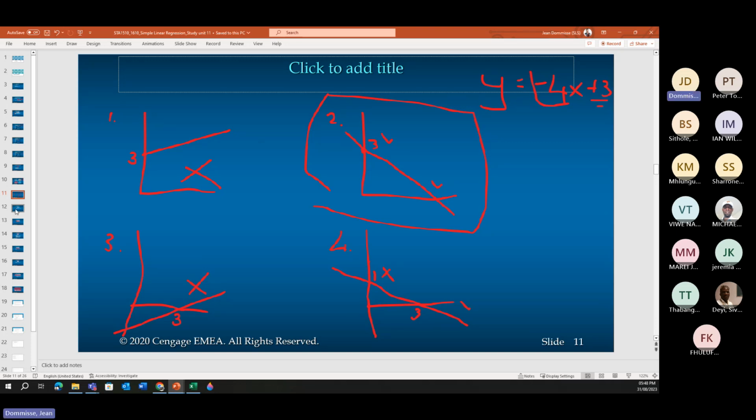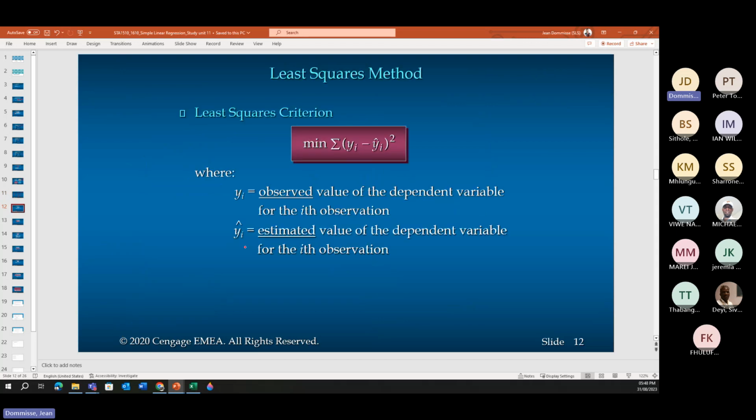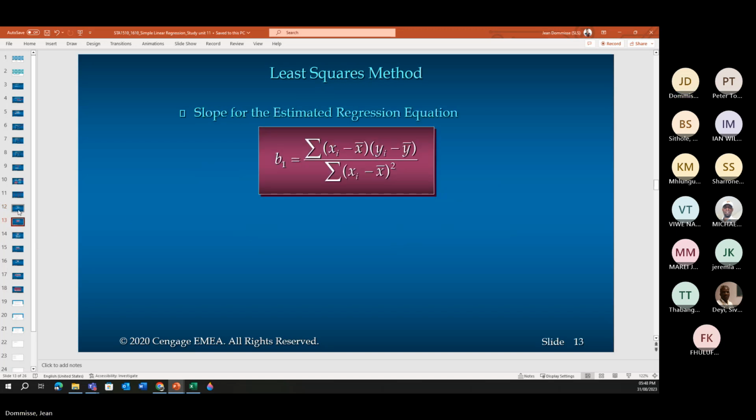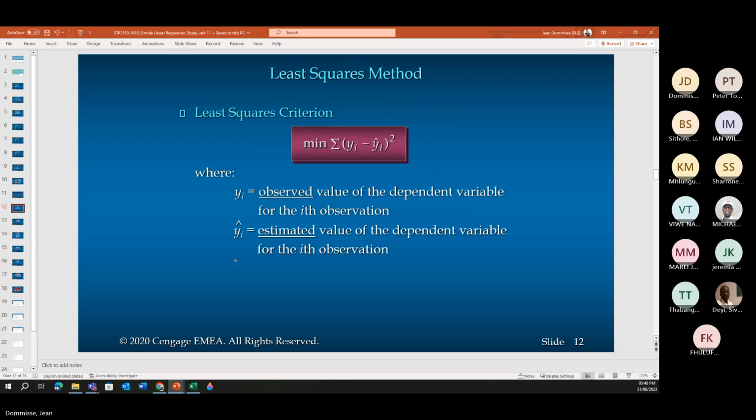Okay, so then the next thing that we can look at is, we talk in stats about the least square method. Please don't go and study it.